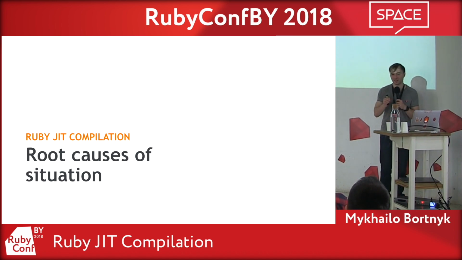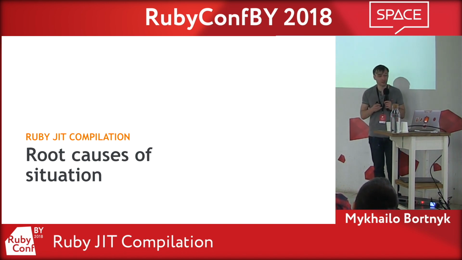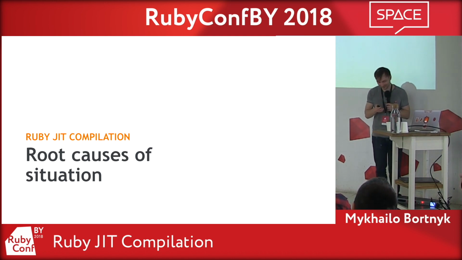I bet that the Ruby core team will accept. One more thing. Vladimir Makarov, developer of the initial MJIT implementation, said that Ruby C code is mostly similar to GCC code. Actually, it's not a recommendation. It's a bit of scariness.